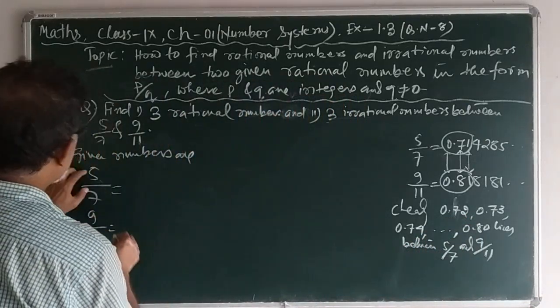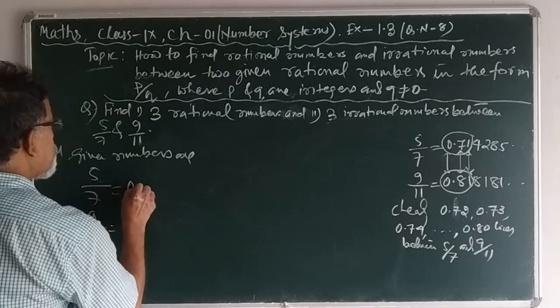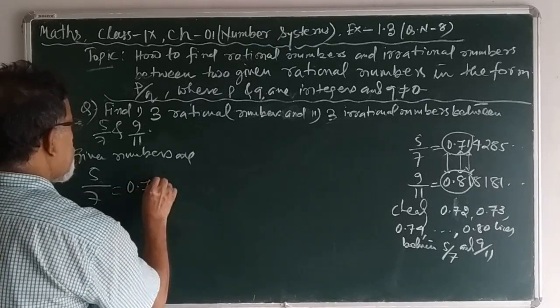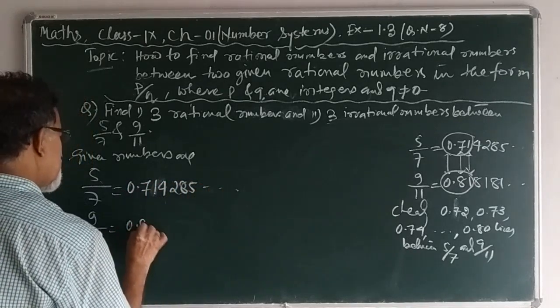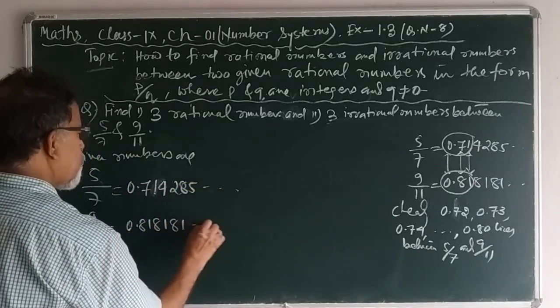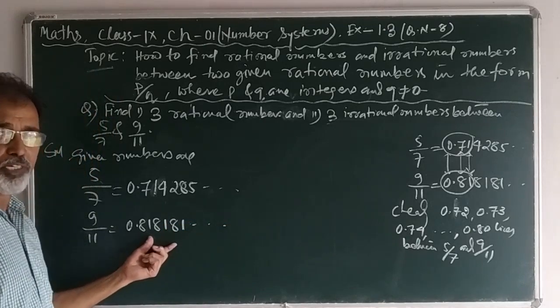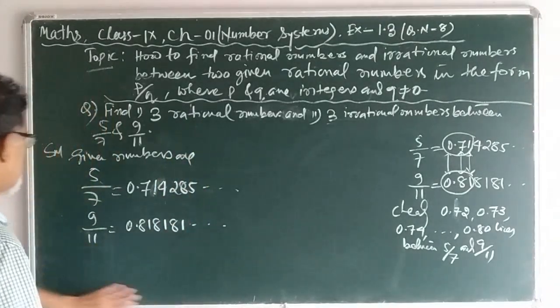I am going to write these two numbers in decimal form: 0.714285 dot dot dot and 0.818181 dot dot dot. Why am I writing 8181? I have already mentioned it.